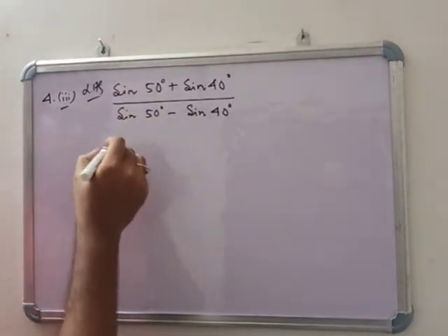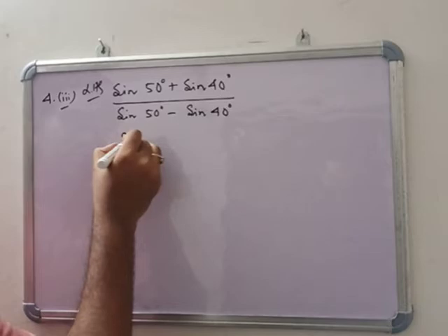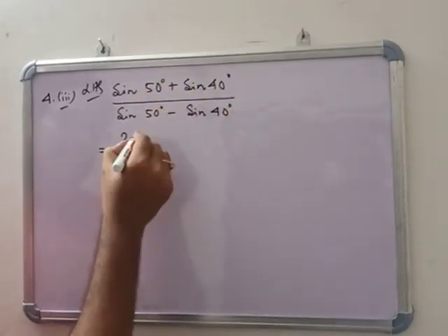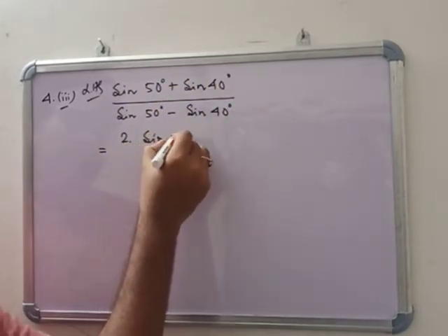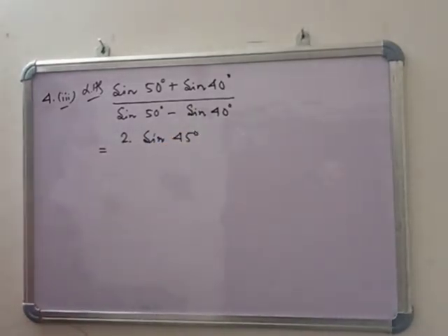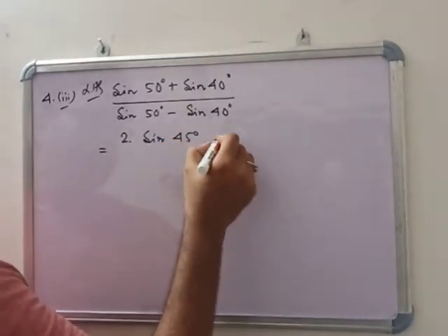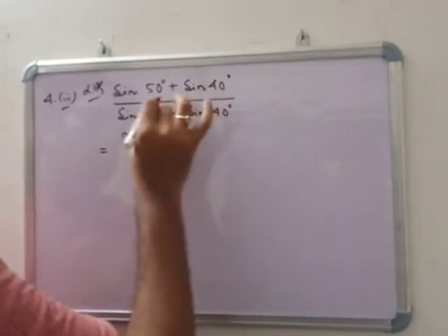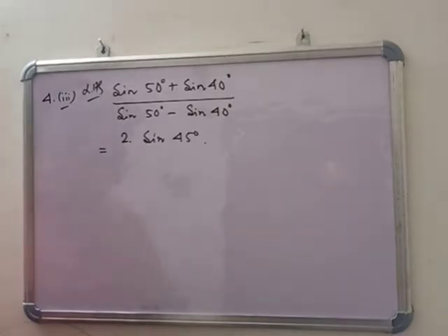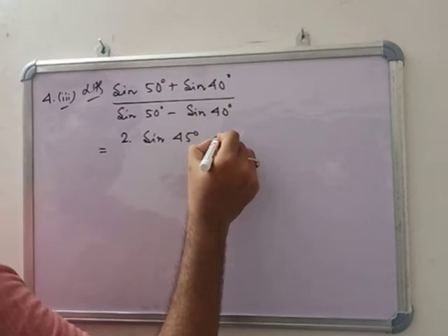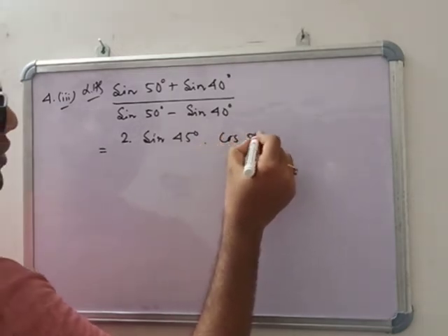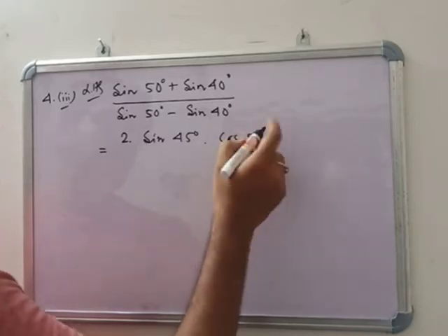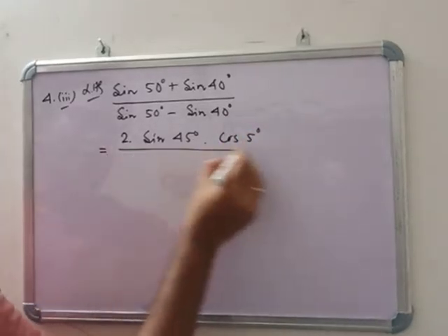So sine A plus sine B gives 2 sine 45 degree into cos of A minus B by 2, okay, so this is 5 degree, cos 5 degree.